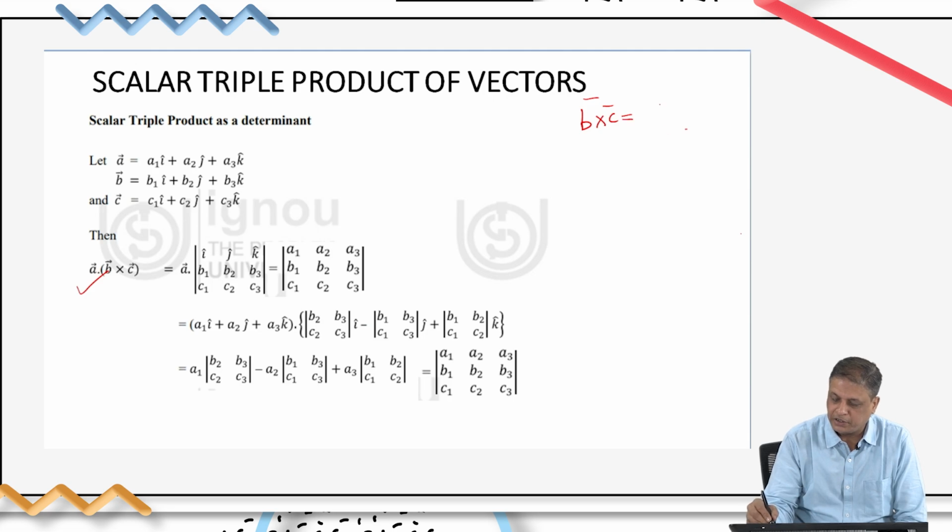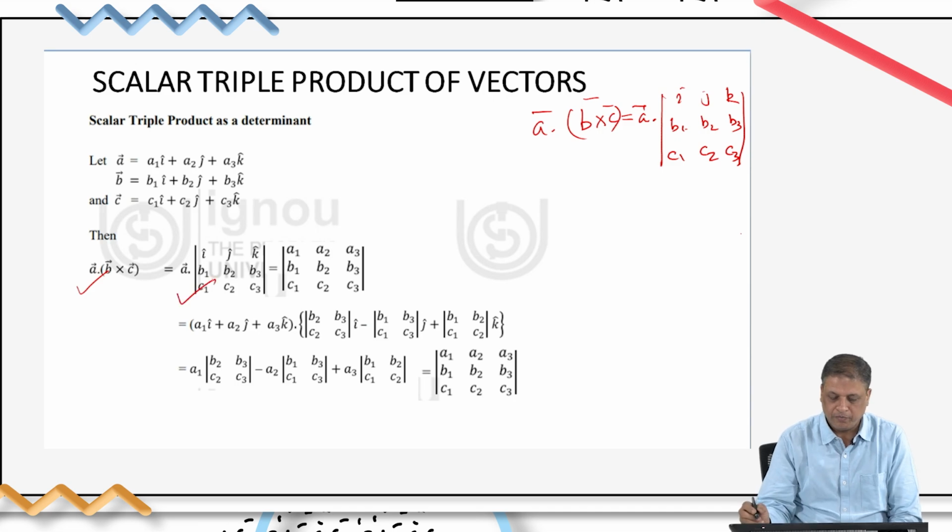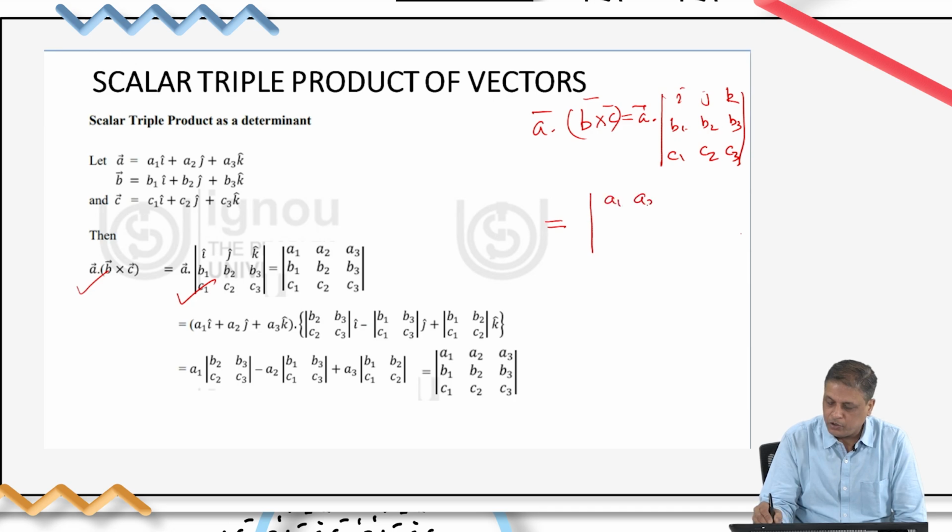The determinant representation of vector B cross C will be i, j, k, B1, B2, B3, and C1, C2, C3, and the triple product A dot B cross C will be given by vector A dot this determinant, and this simplifies to the determinant with rows A1, A2, A3, B1, B2, B3 and C1, C2, C3.